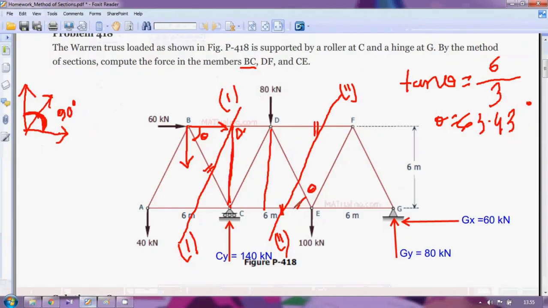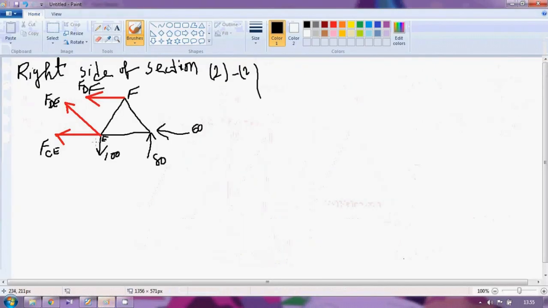This angle is here, correct? So this will be theta, 63.43 degree.